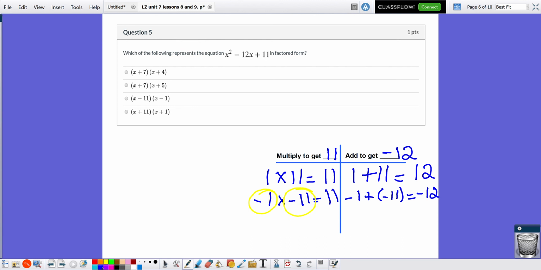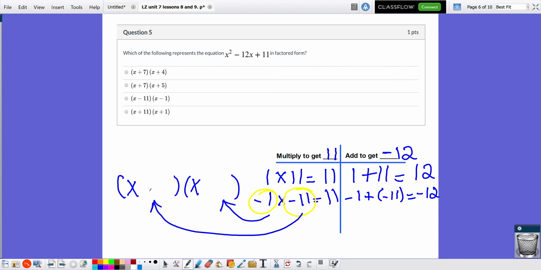So when I set up the factored form, I will have x, and these numbers are going to go here, negative 11 and negative 1.